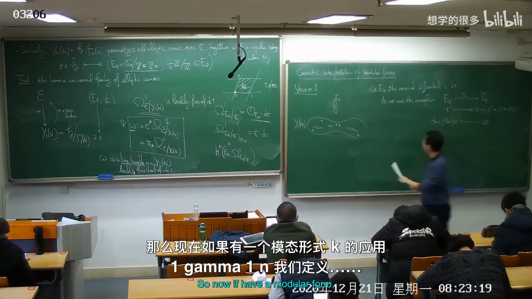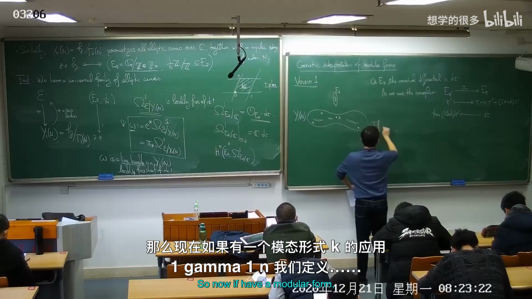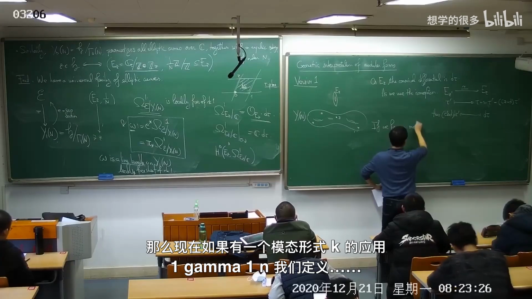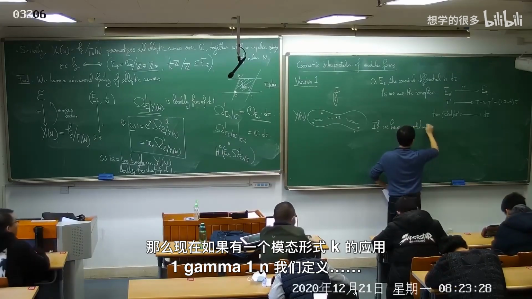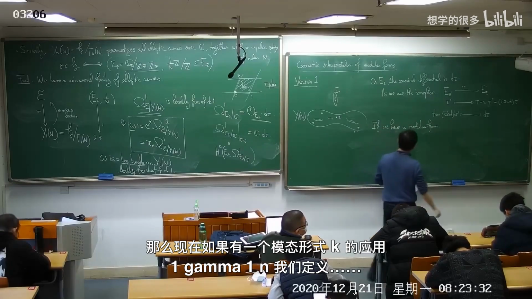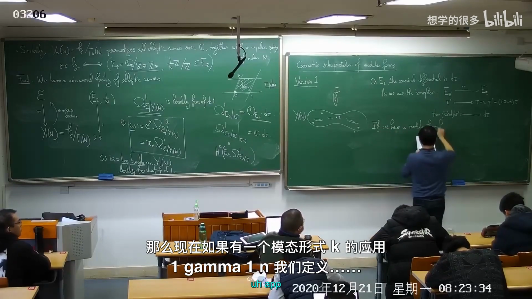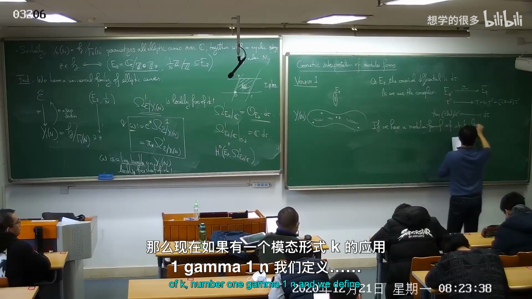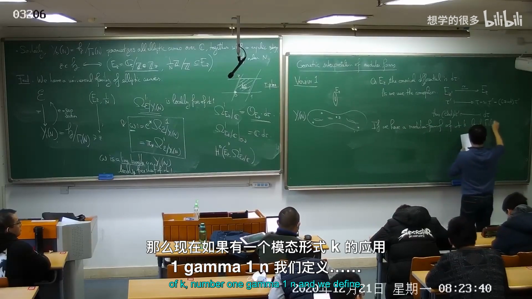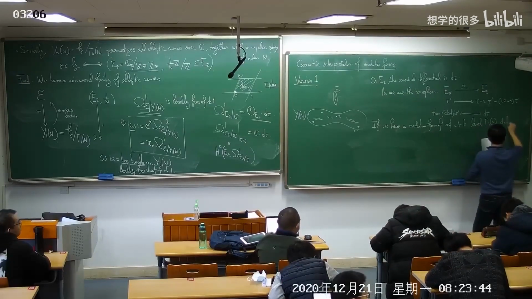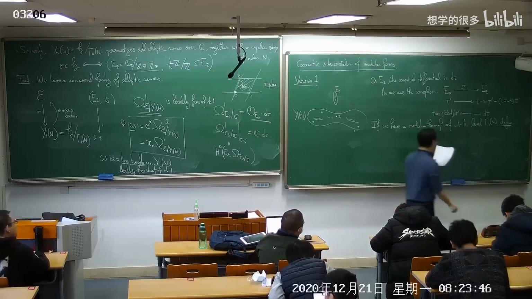So now, if I have a modular form f of weight k, level gamma 1 of N, I can define the following.